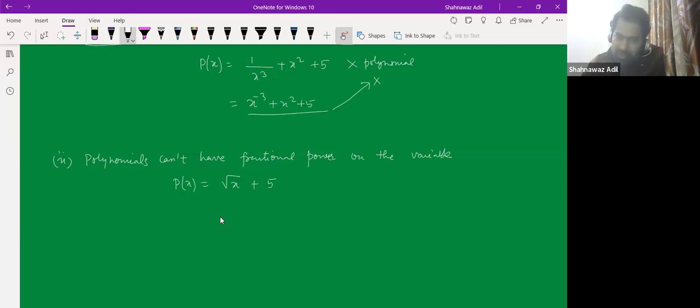Because it has power half, because root is power half. Cube root is power 1 by 3 and so on. So whenever we have these kinds of terms, then it is not a polynomial.